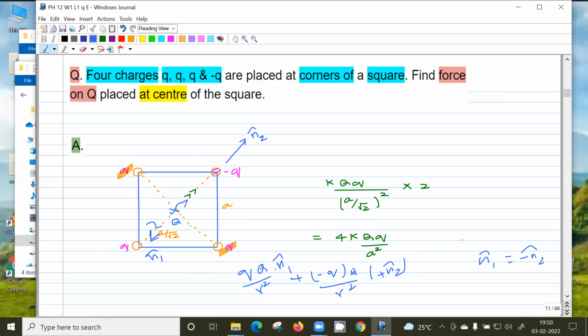It is like the plus x and minus x only, sir. So this you have to understand. The unit vectors for both of them are different because they are in opposite directions. The charge which is experiencing the force, you have to place it at the origin, and the unit vector should be away from that charge. So for this Q, you have to take n1 cap, and for this minus Q, you have to take n2 cap.